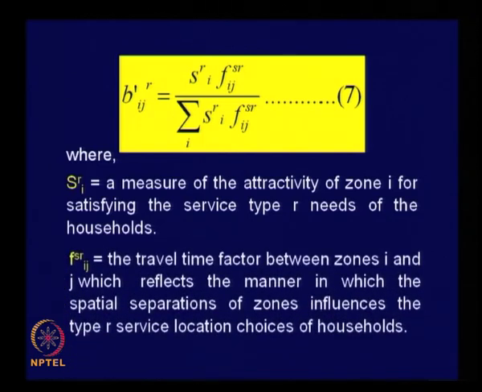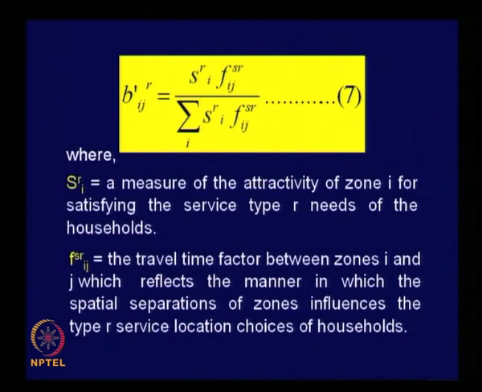And F_r ij is a travel time factor between zones I and j, which reflects the manner in which the spatial separations of zones influences the type or service location choices of households. Clear?